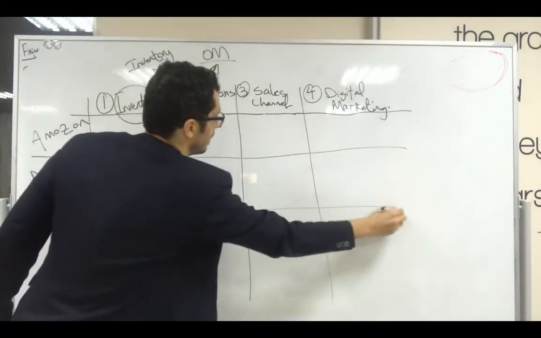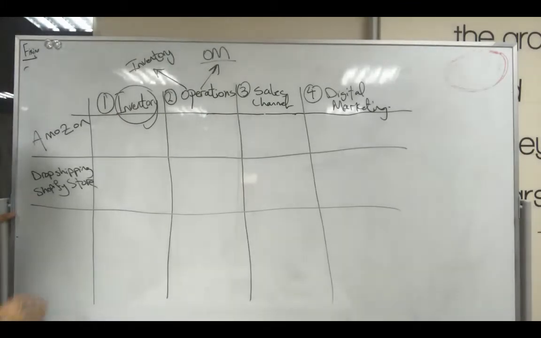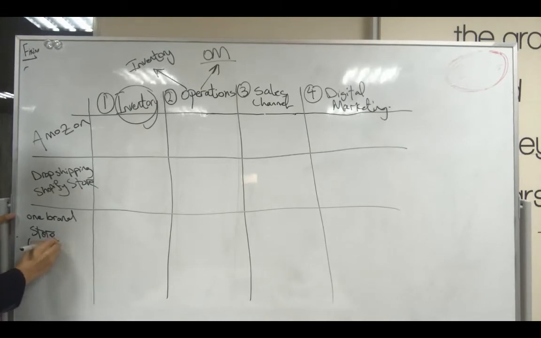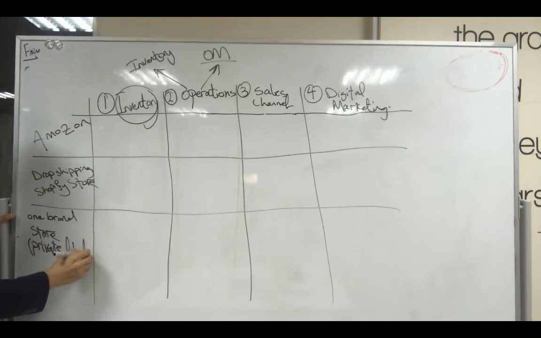The third example, let it be selling on a niche, creating one brand store, and between brackets let's do private labeling, private labeling or manufacturing.